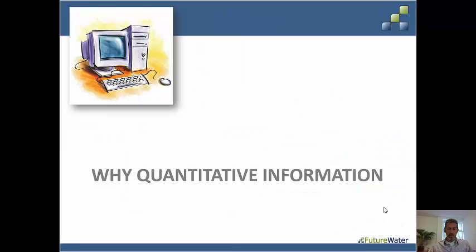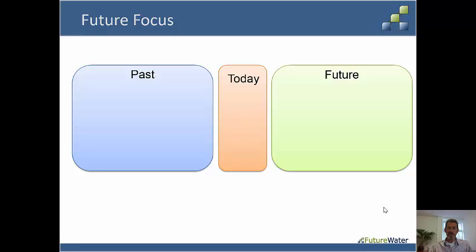Now, talking about being prepared for the future, we need quantitative information. And this is one of the graphs I always like to show, why it's so essential to do something on the future. If we've got this graph and we've got the past, we've got today, we've got the future, then in fact we are only interested in the future. But of course, if we want to know something about the future, we should have a look at the past.